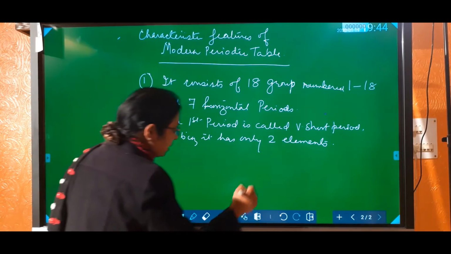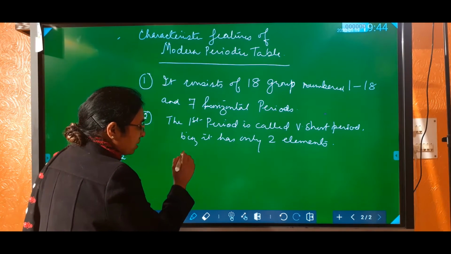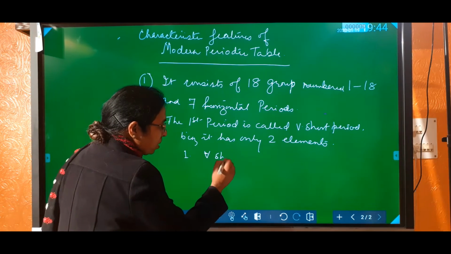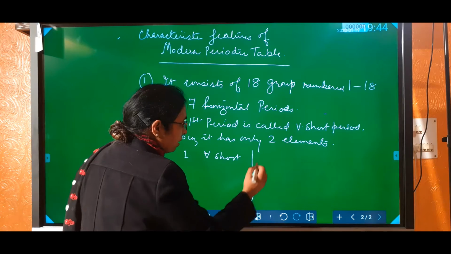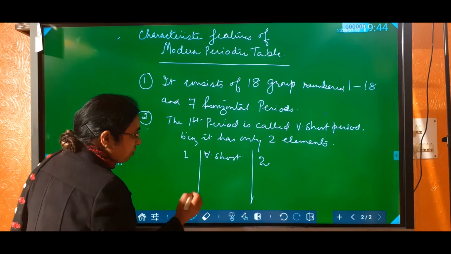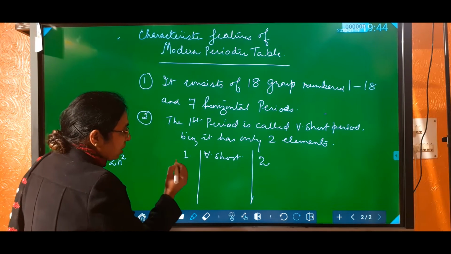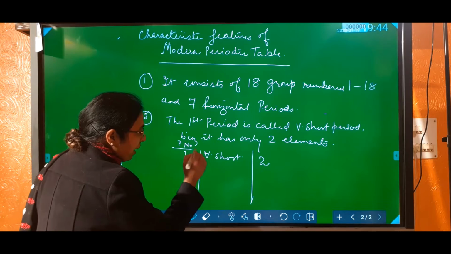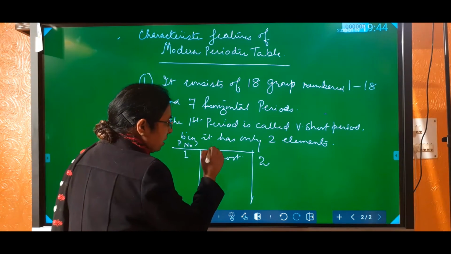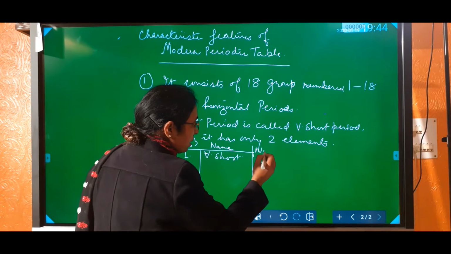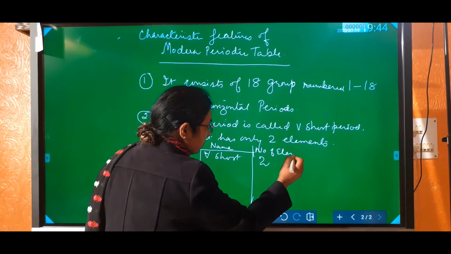Let us write it in table form. The first period is called a very short period and the number of elements is only 2. So this is the period number, this is the name of the period, and this is the number of elements.